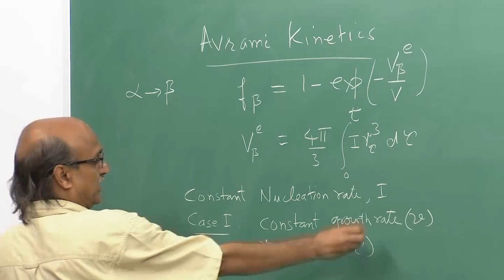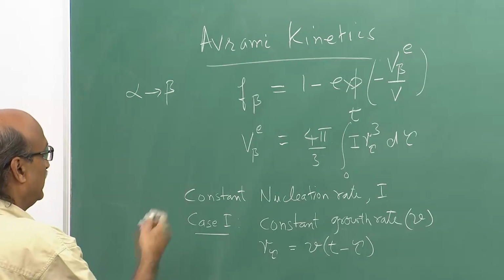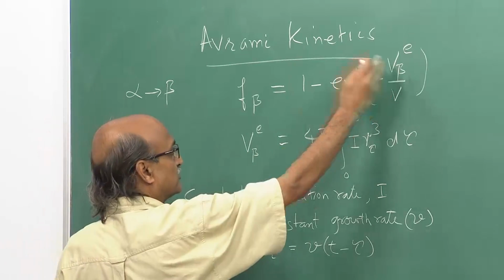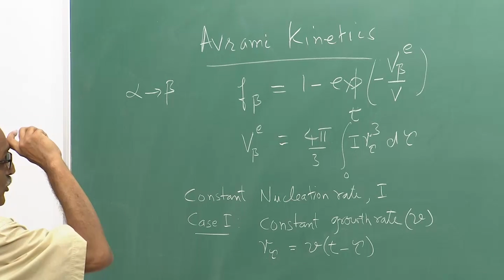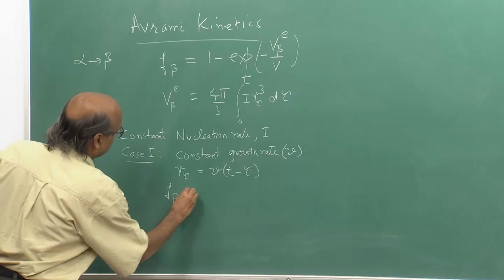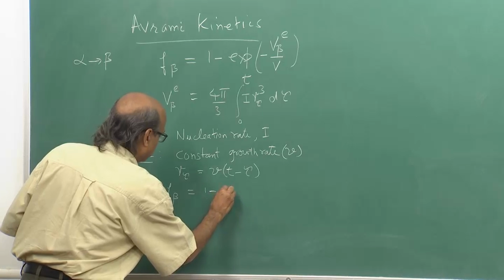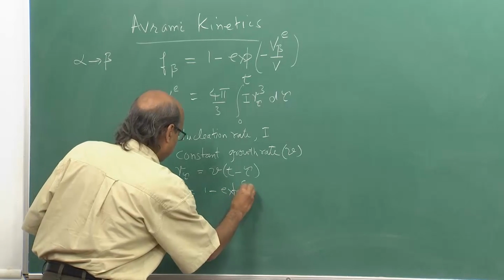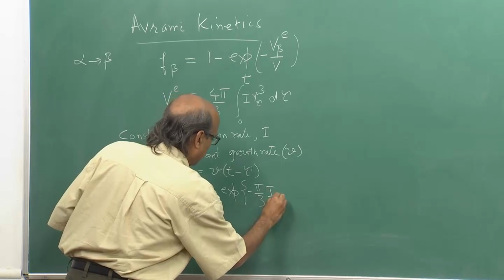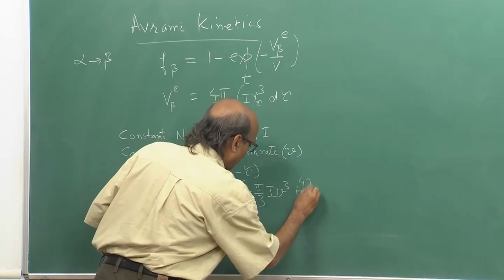Substituting this radius into this integral, taking this I out of the integral, we can then integrate to get the extended volume and then substitute the extended volume into the top equation, which gave us the fraction beta transformed as 1 minus exponential minus pi by 3 I V cube t to power 4.